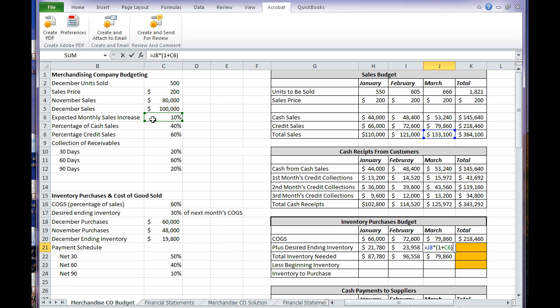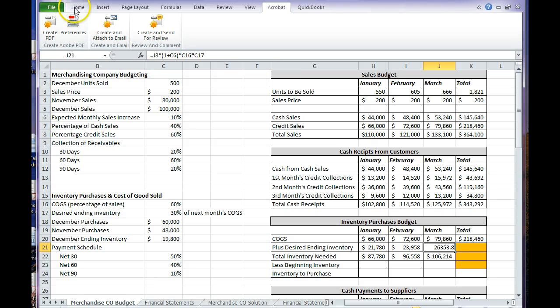So that gets us April's sales, and we know that cost of goods sold is 60% of that. So that gives us April's cost of goods sold. Follow me? And we know we want 30% of April's cost of goods sold left over, which gives us a weird looking number because it's not formatted right.